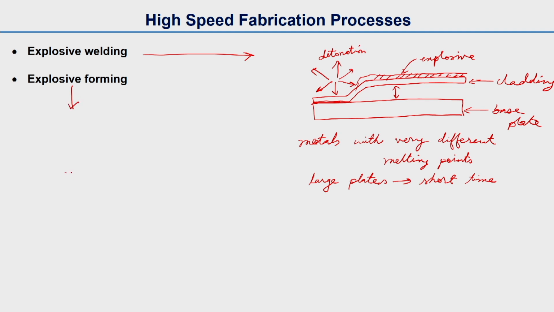And we'll talk now about explosive forming. Basically we have the workpiece here with a die. Let's say with this process you can make a boat.